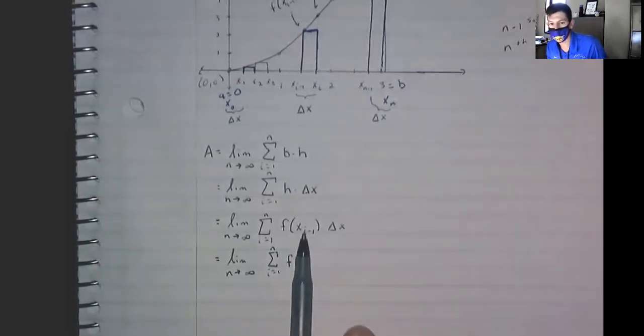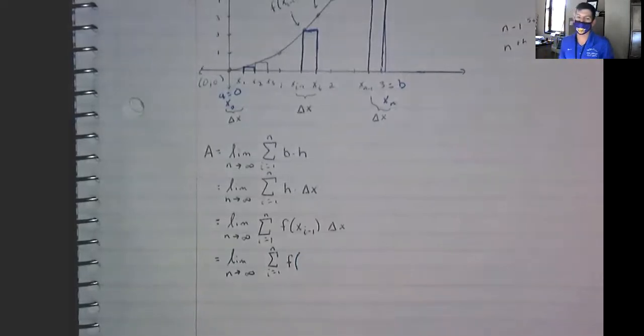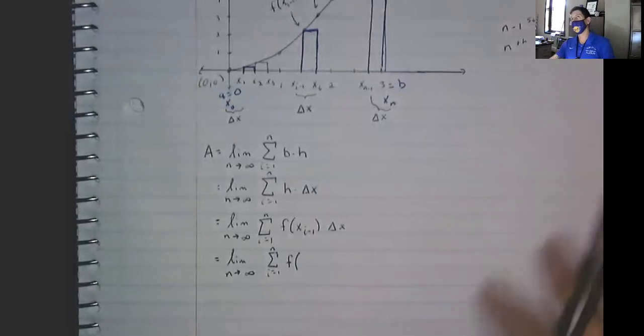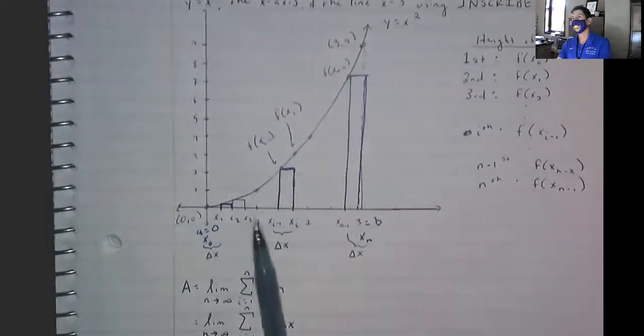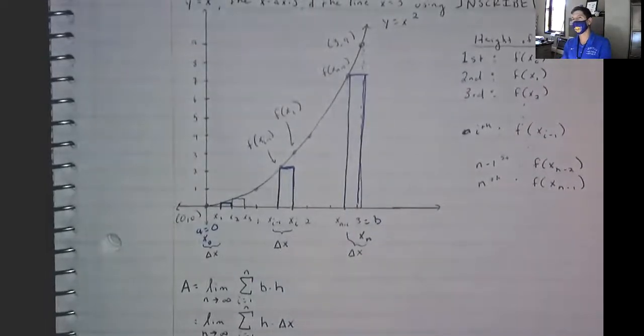So what are these actual x values though? It's one thing to say, oh, I want the x sub i minus first thing, but in actual relation to the problem we're looking at, how do we get there at each stop along this Riemann sum? Well, where does this thing start? What x value? 0.